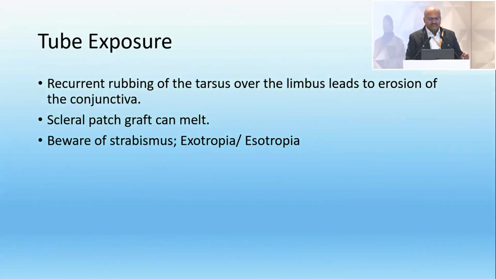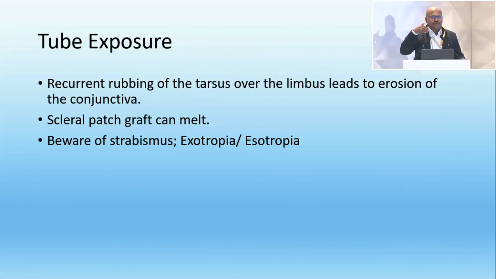Corneal decompensation is a serious issue. Tube exposure, as we mentioned, can happen very late also, and beware of ongoing strabismus, exotropia, esotropia. So if you have an exotropic eye and you put the tube inferonasally, there is a very high chance of nasal exposure, because the tension caused on the conjunctiva by the lid margins and other things is huge. So you have exposure.